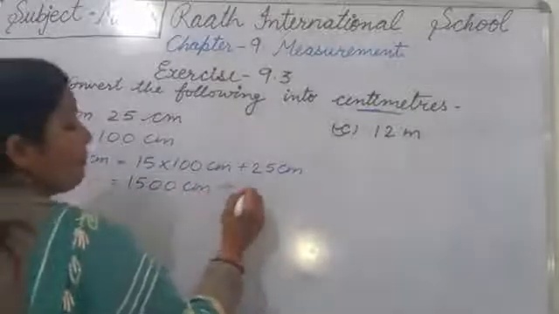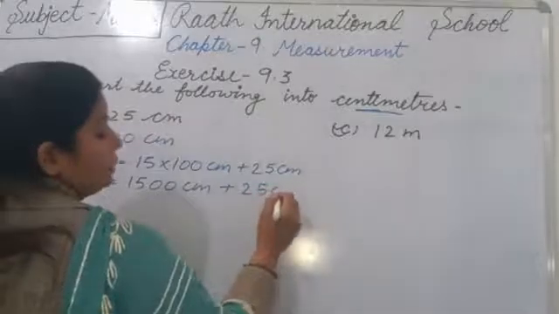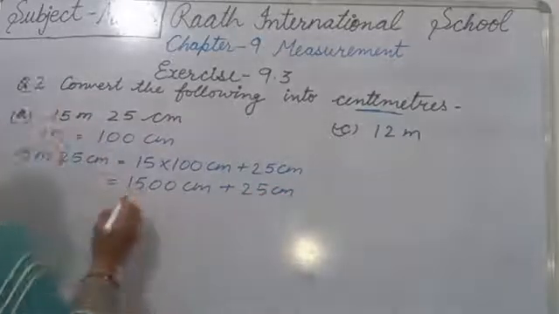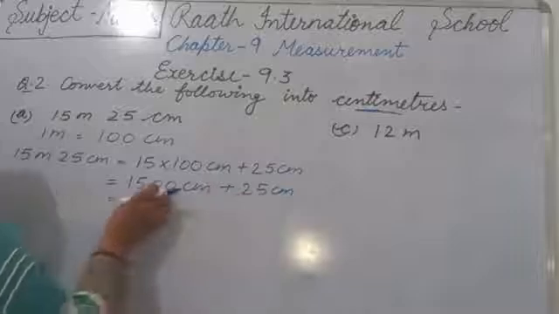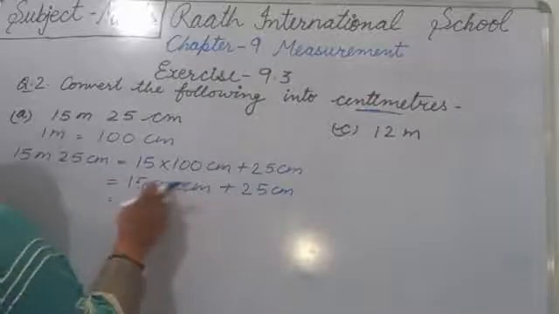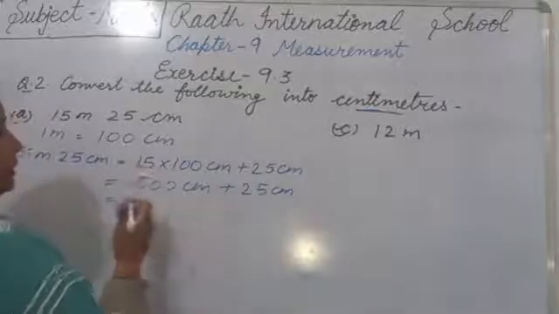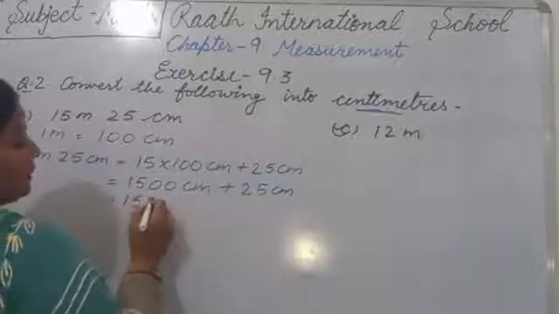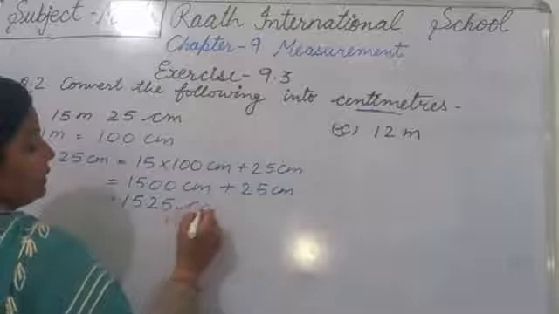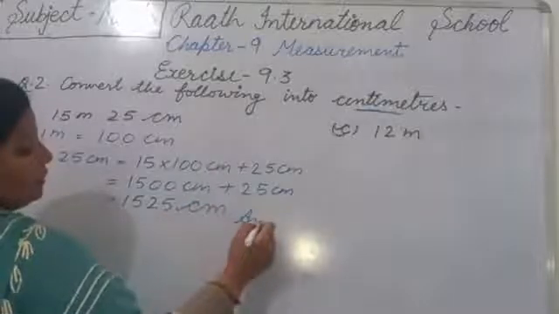And plus 25 centimeter. So 1500 plus 25, it will add in the ones and tens column. In ones and tens column there is 0. 0 plus 25, that's 25. So 1525 centimeter. That's your answer.